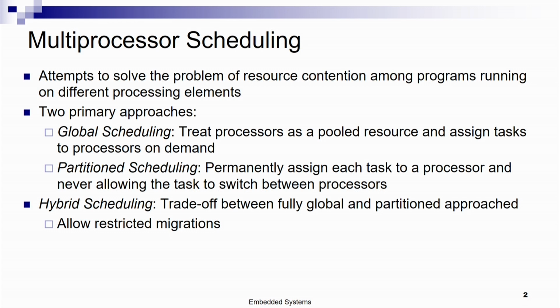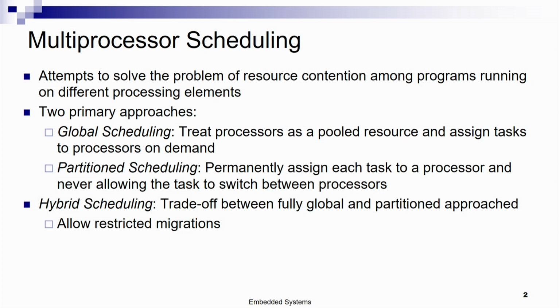But we will see all the processors together as a single resource, as against partition scheduling, which is the other type, where we permanently assign each task to a single processor and tasks are never allowed to switch between processors.